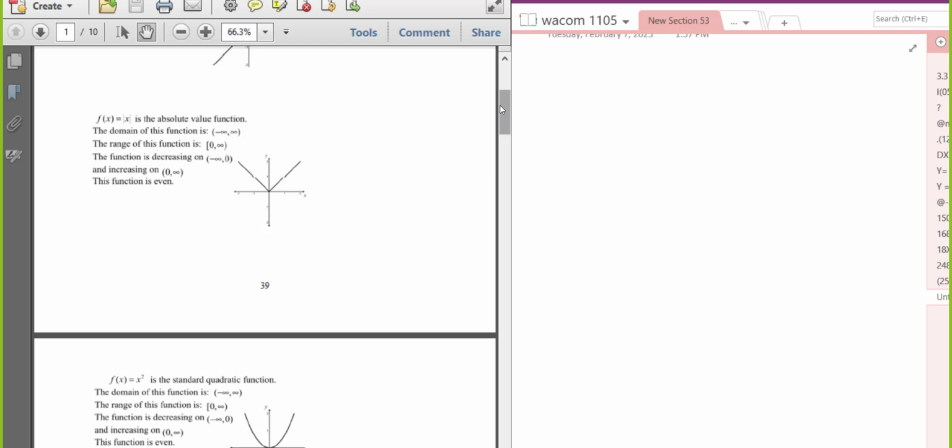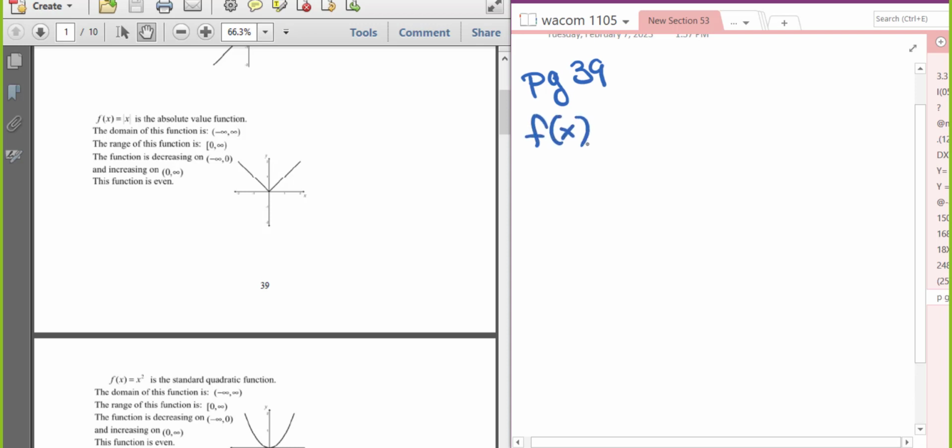Even though you know absolute value graph is going to look like a V, you want to know what kind of points to pick. So we are on page 39 from your packet, and we are looking at f of x equals absolute value of x. And we know it looks like this.